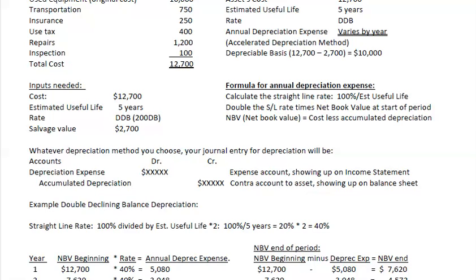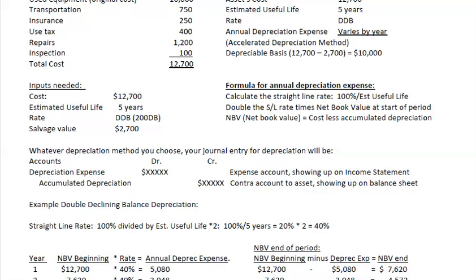We take the straight line rate and then double it. To get the straight line rate, we use 100% divided by the estimated useful life, which is 5 years. 100% divided by 5 years is 20% per year, and then we're going to double it.